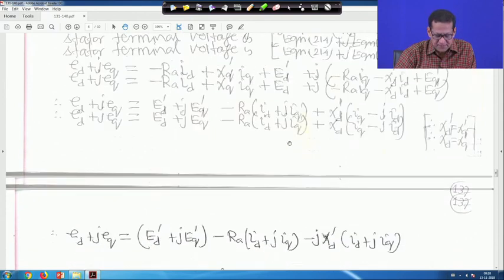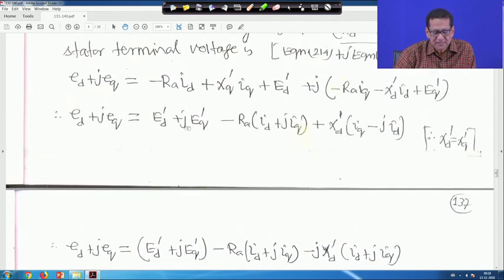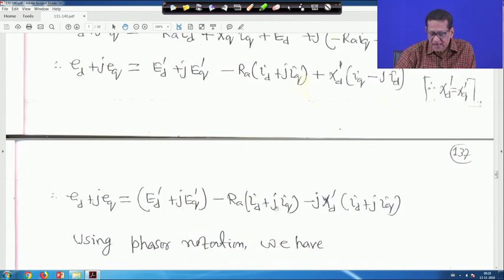Therefore, E d plus j E q is E d dash plus j E q dash minus R A I d plus j I q minus j x d dash I d plus j I q.